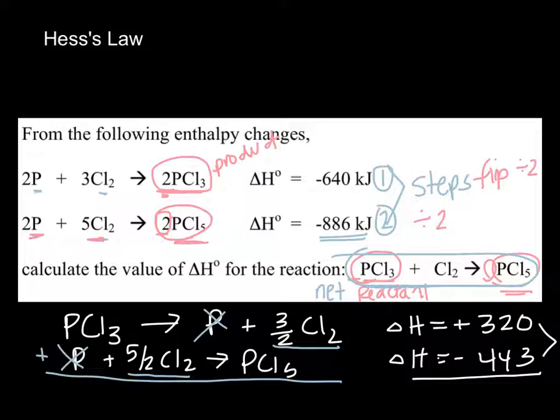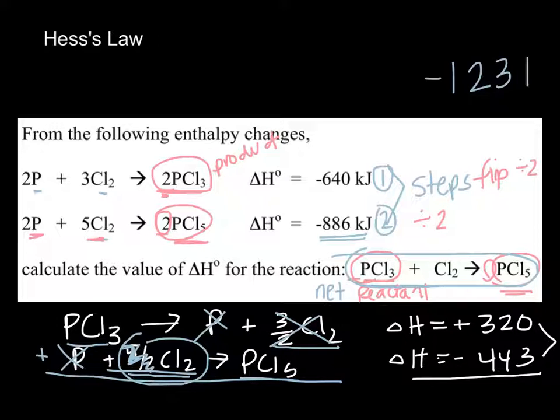Because of that, we have 1 more Cl2 and these 3/2 cancel out. So what we're left with is PCl3 plus Cl2 goes to PCl5. So again, our answer is just the sum of these, which is negative 123 kilojoules.